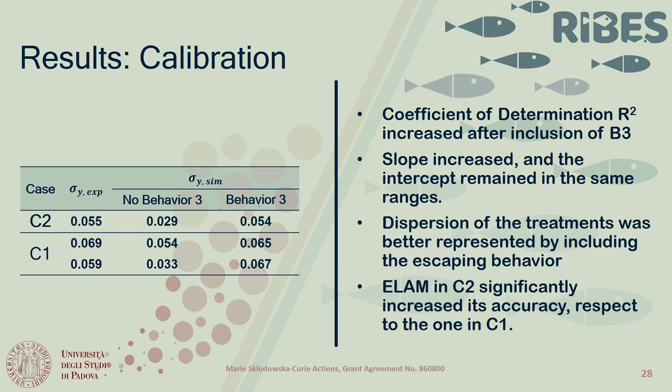As we can see here, we have the dispersion when there is no escaping behavior included, and when the behavior is included, we have some nice results, let's say. When we included the escaping behavior, the correlation between experimental and simulated behavior increased, and also we can capture the dispersion.